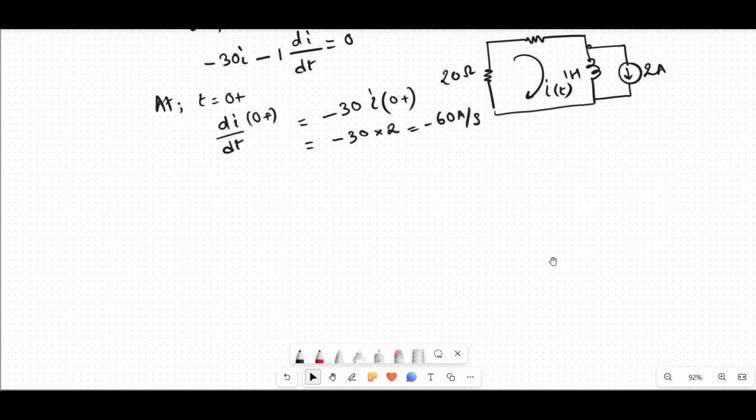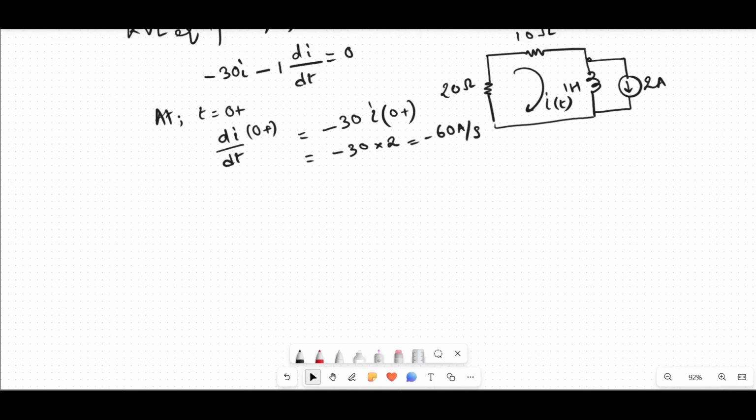Now let's solve for d2i/dt2. In order to get the solution, we have to differentiate equation 1. Differentiating equation 1, we have minus 30 di/dt minus d2i/dt2 equals 0.